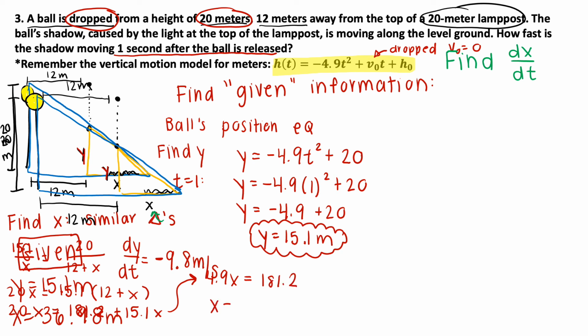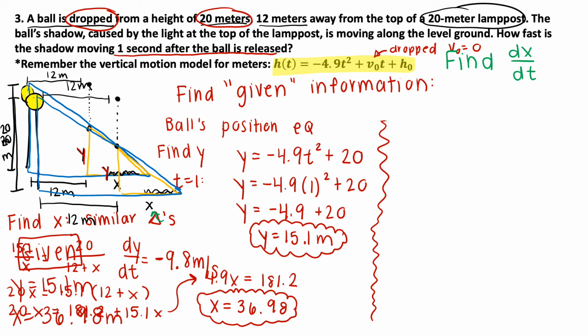Dividing by 4.9 on both sides, we get x equals 36.98. Okay, so far we found y, we found x, and we can actually find one more thing.